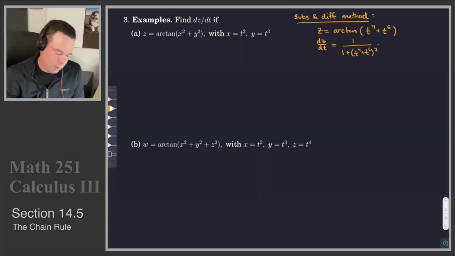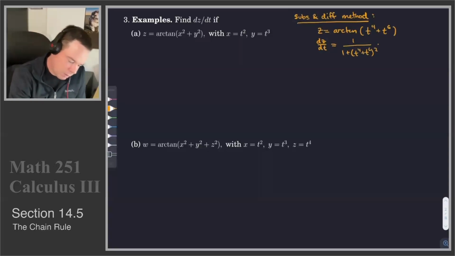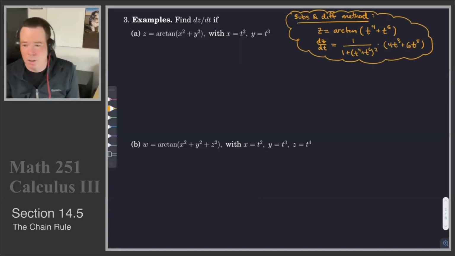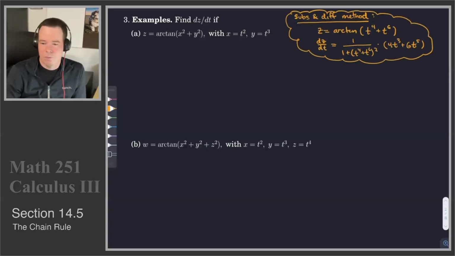And then we multiply by the derivative of the inside. That's our chain rule in calculus 1. So that's 4t cubed plus 6t to the fifth. And there we go. We've done our derivative. So that would be our approach: just substitute, put everything in terms of t, and then do the derivative.